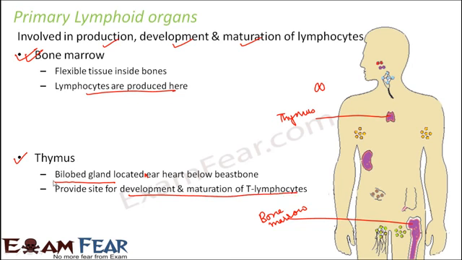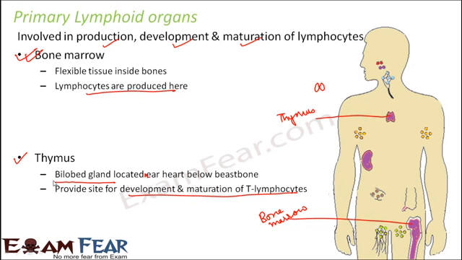The lymphocytes will be born in bone marrow and they will develop and mature in the thymus, and because of this they have got the name T lymphocytes, that is, thymus lymphocytes, the lymphocytes which mature and develop in the thymus gland.